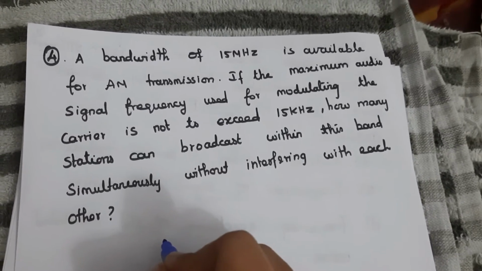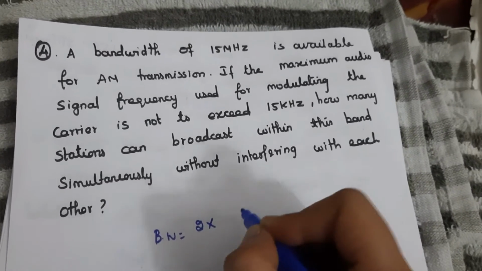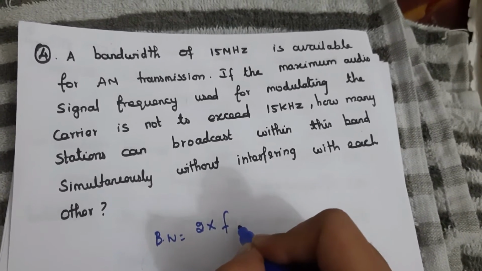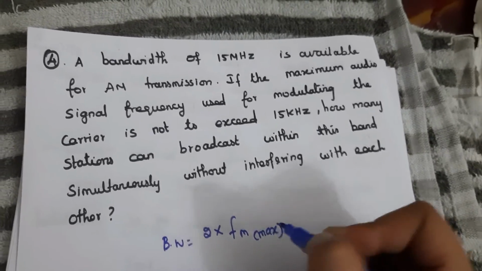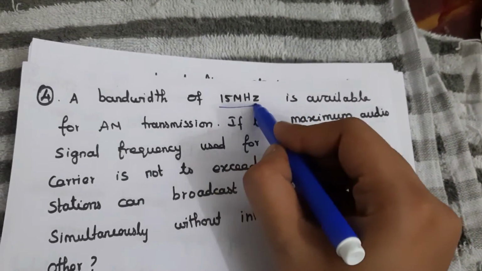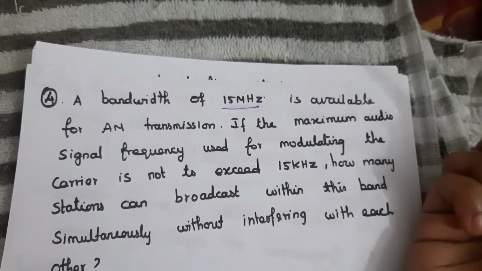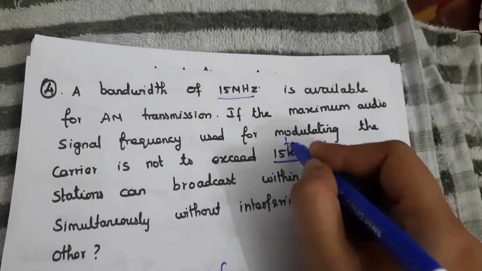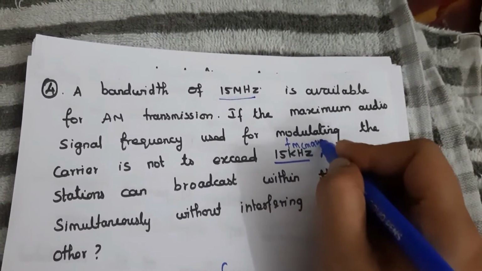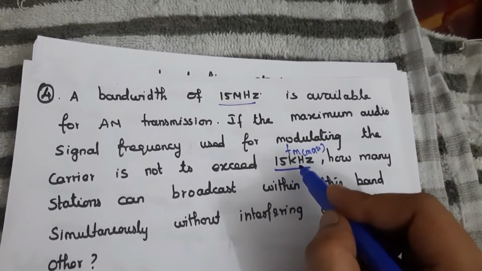We know the formula for finding channel width or bandwidth is equal to 2 into FM max. This is FM max, the maximum frequency of the signal, the audio range frequency.